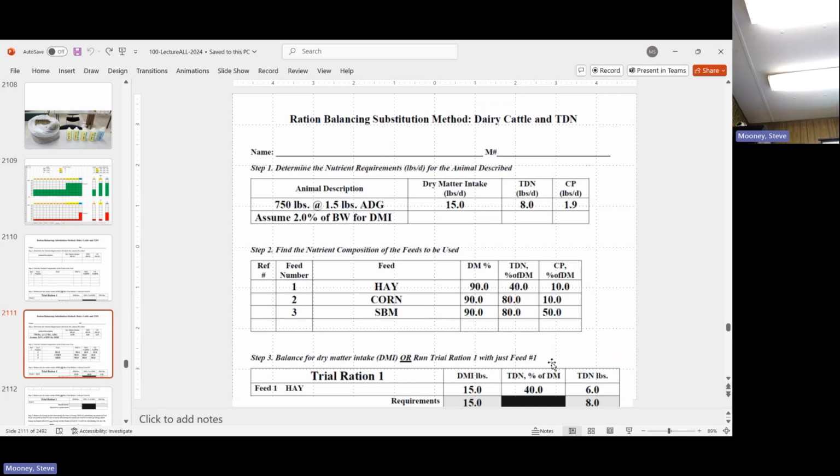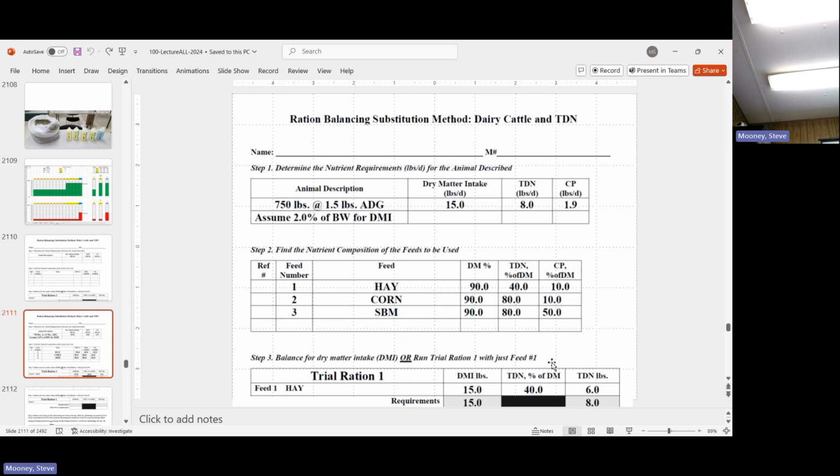So how do I get that 15 pounds of dry matter intake? I take the 750 and I multiply by 2% divided by 100 for 0.02. So 750 times 0.02 should give me 15.